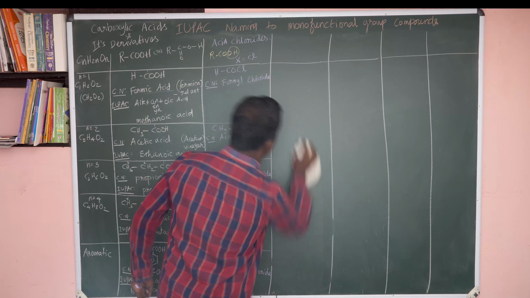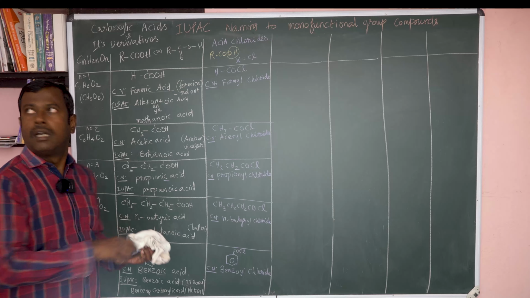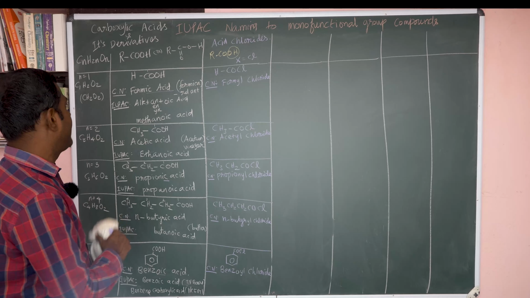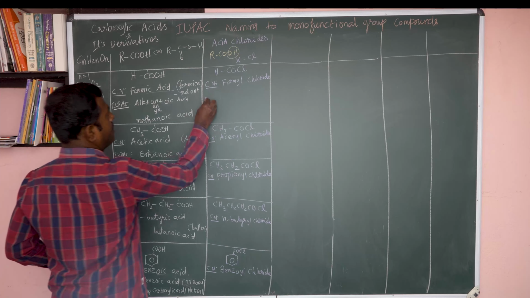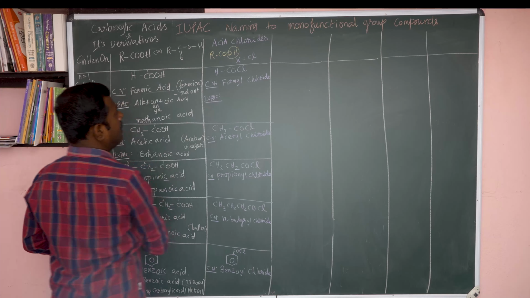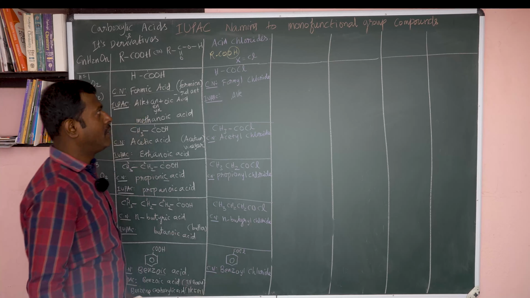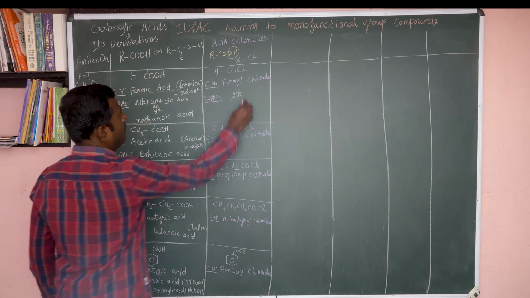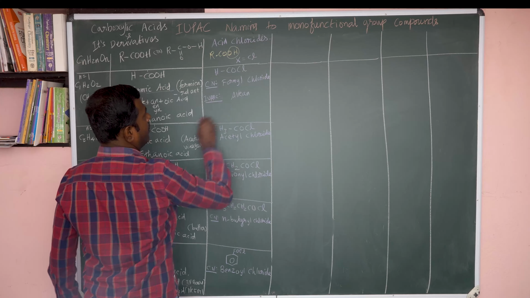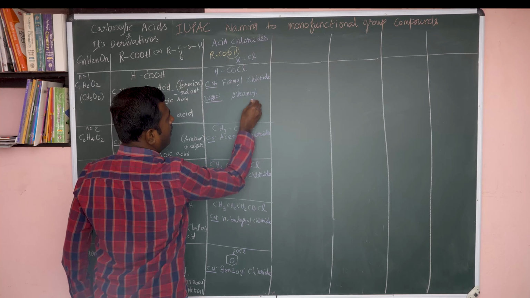Okay. So we have given what? Common names to acid chlorides. And what about their IUPAC names? In IUPAC, for acid chlorides, the root word is alk, based on the number of carbons that we know. Single bond means an. And for acid chloride, oyl chloride.